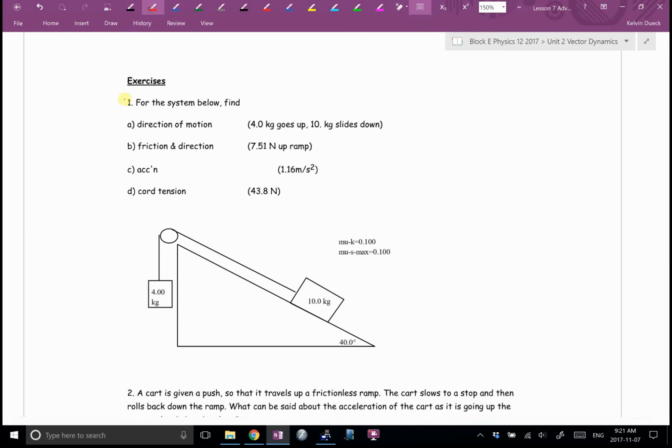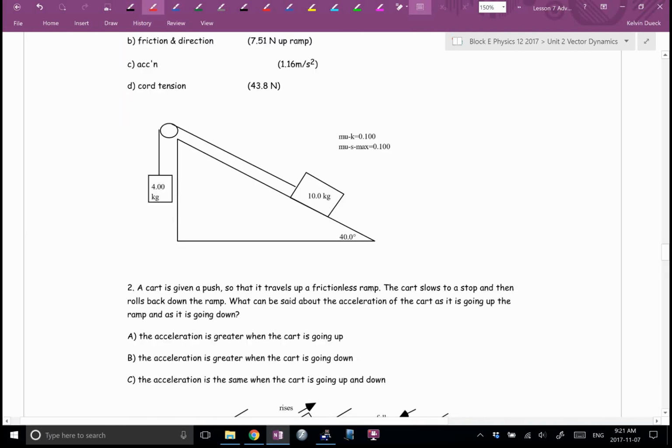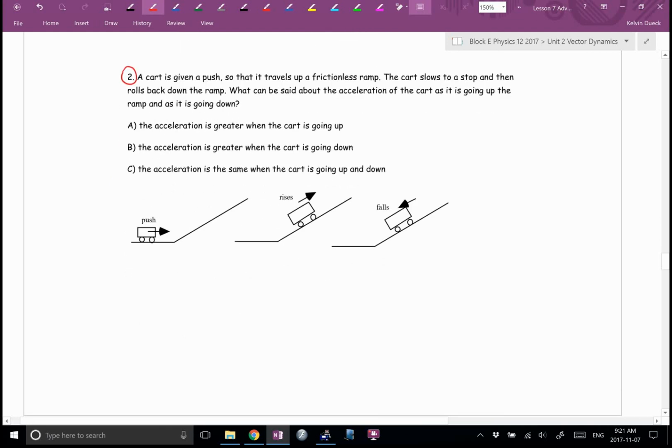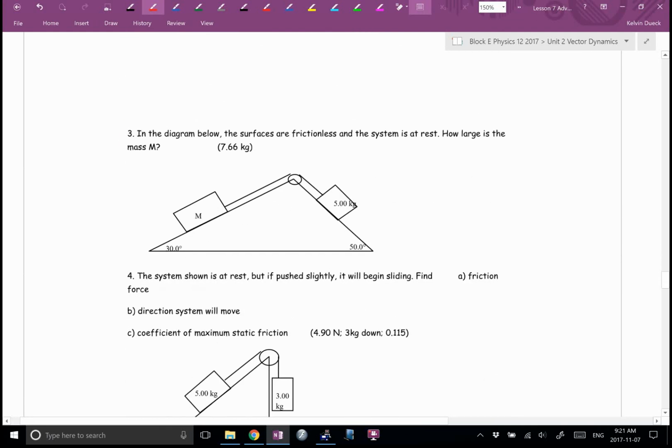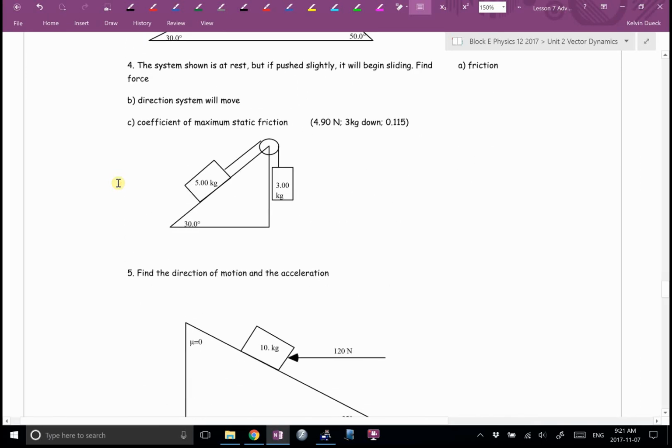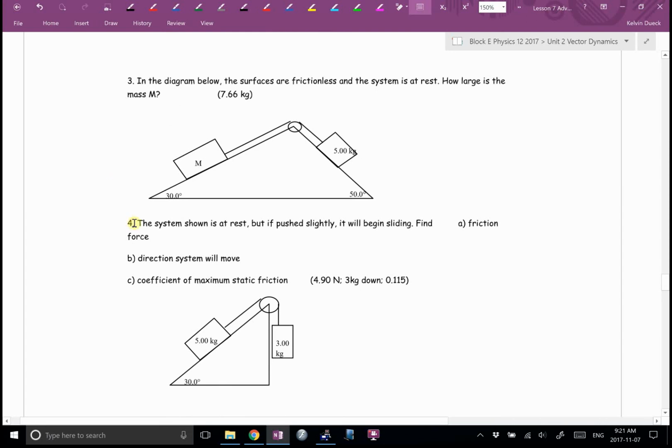You can try number 1. Number 2. Number 4.